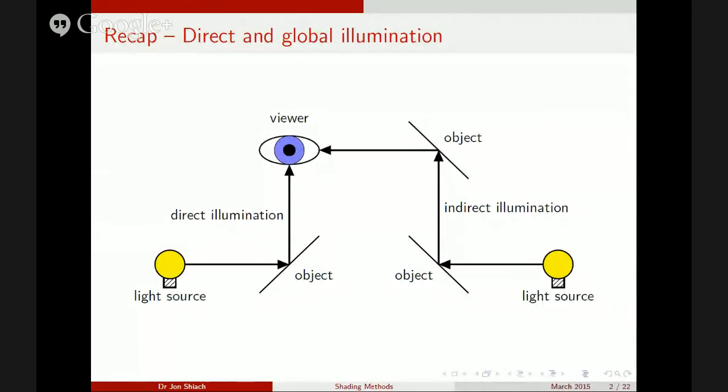The more accurate and therefore more computationally intensive model is indirect illumination. This means, as well as light reflecting off of surfaces and going to the viewer, we also deal with indirect illumination. That's where light bounces off of other objects. You can get reflections, shadows, things like that going on.